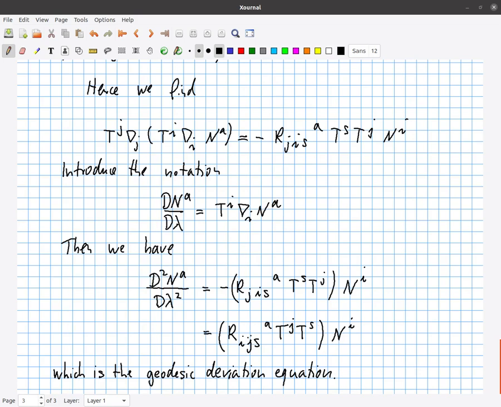What you should also note here is something which gives us a little bit of a view of why maybe the Riemann tensor does not appear in gravitational field equations.